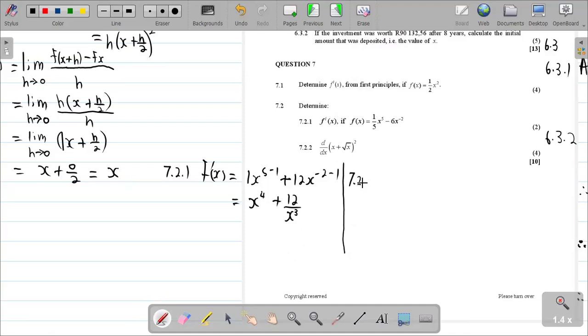Yeah, and then 7.2.2. It's going to be x plus square root of x.